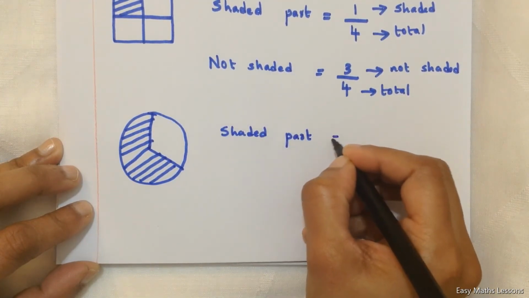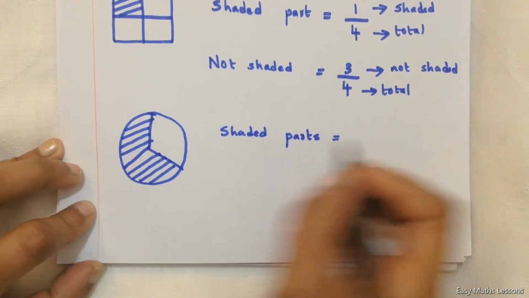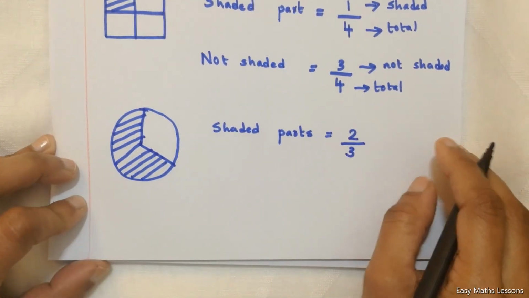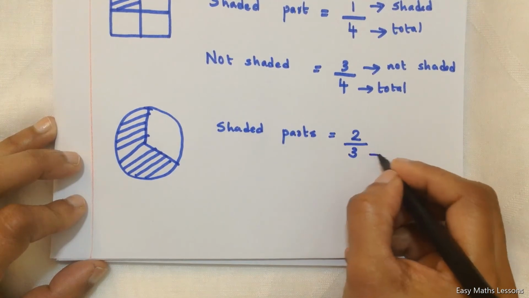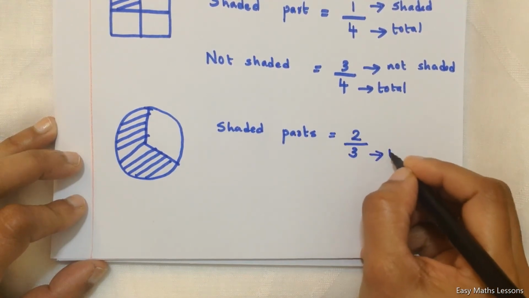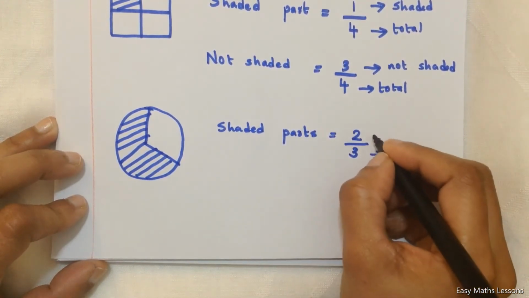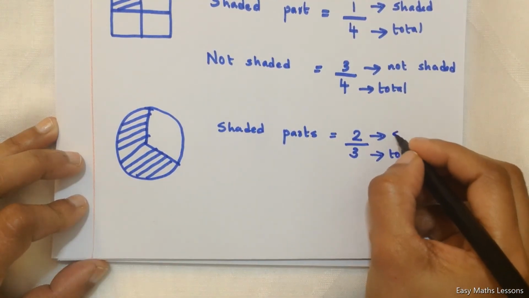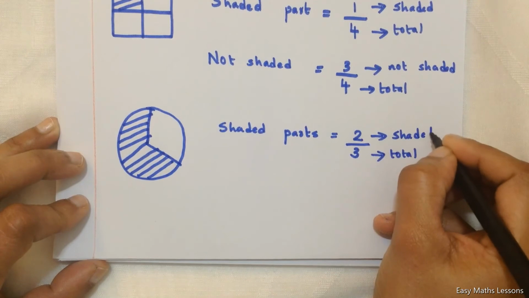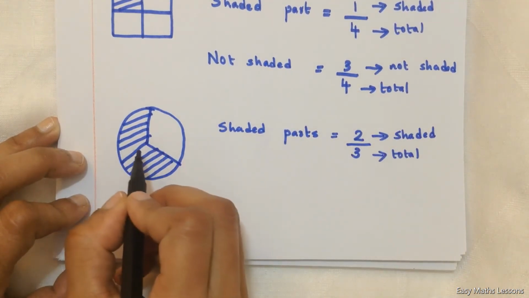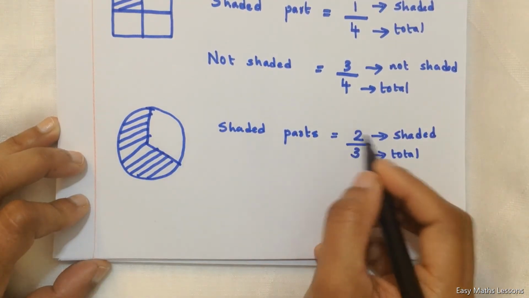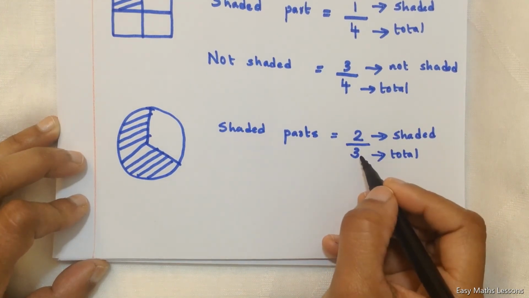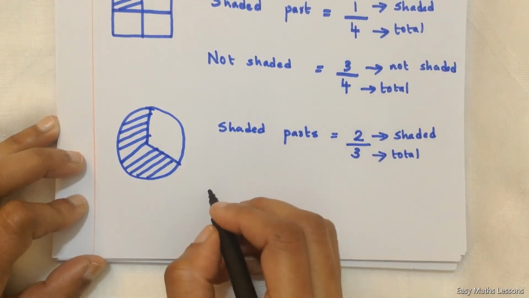So, the shaded parts of the circle can be indicated as 2 by 3. In this case, there are total 3 parts and out of the 3 parts, 2 parts are shaded. Here 2 is the numerator and 3 is the denominator.